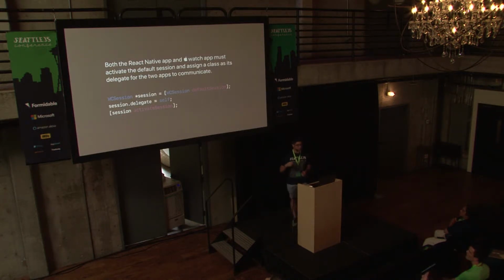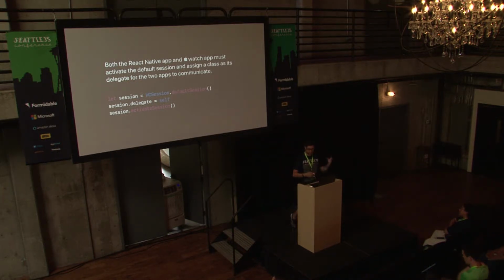In your React Native module, you are going to use WCSession, which is how you start a communication session between the two. And on the watch side, it will be in Swift. A delegate essentially tells the class that you have assigned it to, hey, I'm going to have to respond to messages or files that the other app has sent.